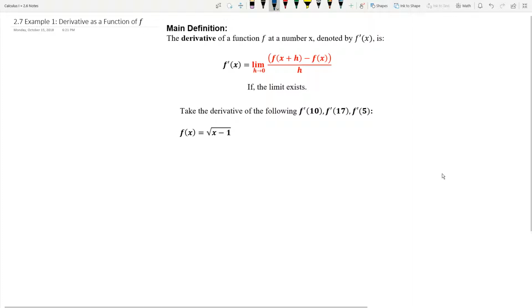In this case, we're going to find that it's much more effective and efficient to simply solve our derivative from a function. So we'll take the derivative of the function f of x is equal to the square root of x minus 1, and we'll solve it down as an equation for the tangent line so that we can plug our values into it, each one, and quickly find the slope of the curve at that particular point.